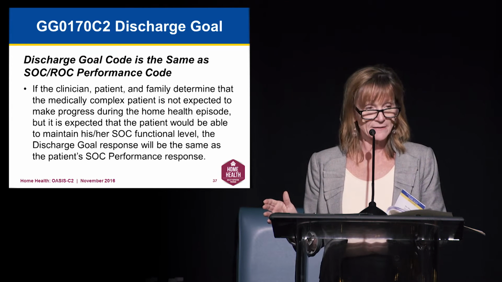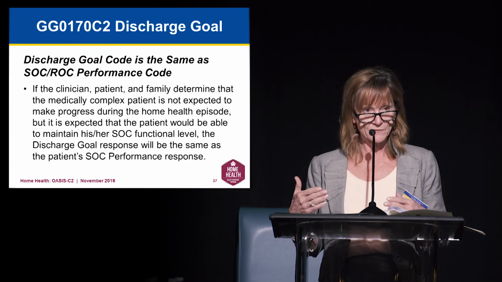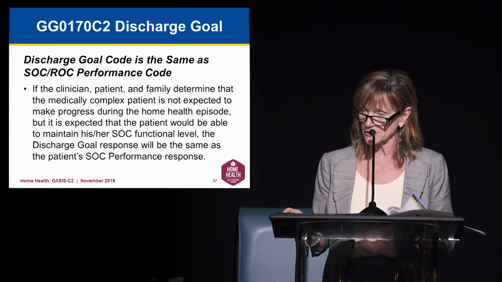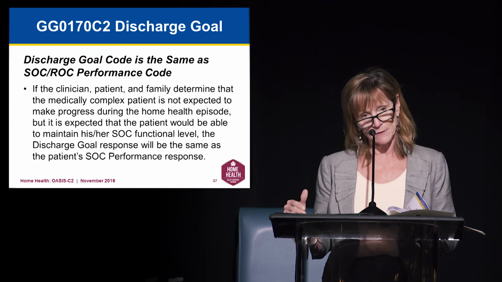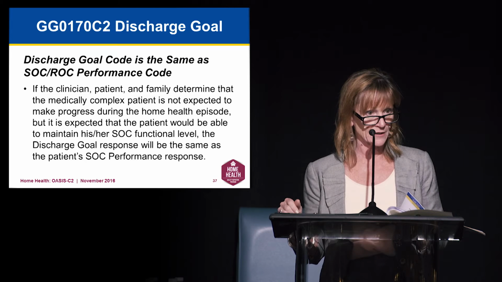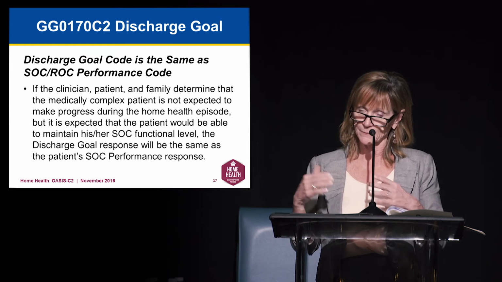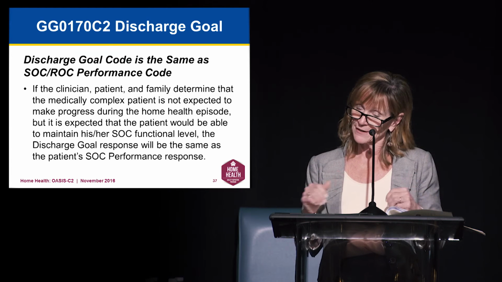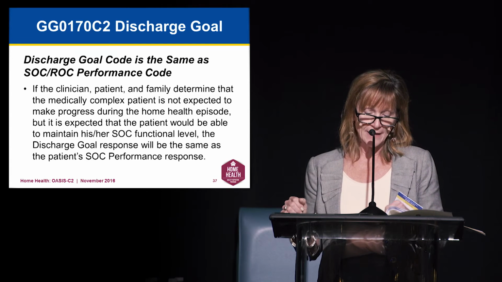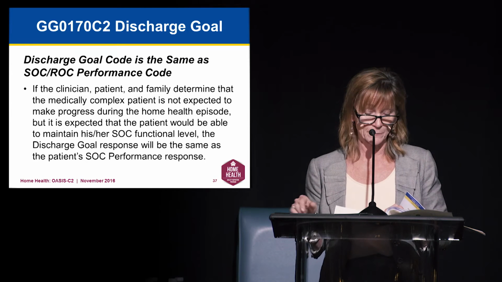It's expected that they're going to maintain that level of function, but because of the medical complexity of their condition, it's determined that the patient's score at the start of care or the resumption of care for this activity is not going to improve, but it's not going to get worse either. So in that instance, the discharge goal would be the same as the SOC/ROC performance code.